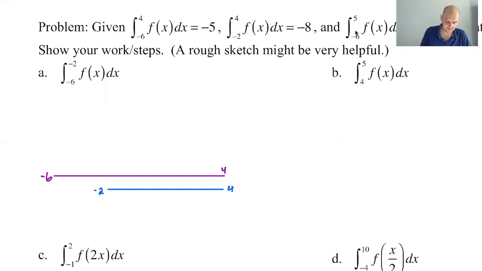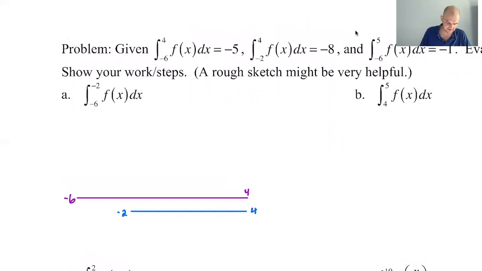If you look at it, if you do -6 to 4 minus -2 to 4, you're left with -6 to -2. So I can write that. We inadvertently just did the first problem.